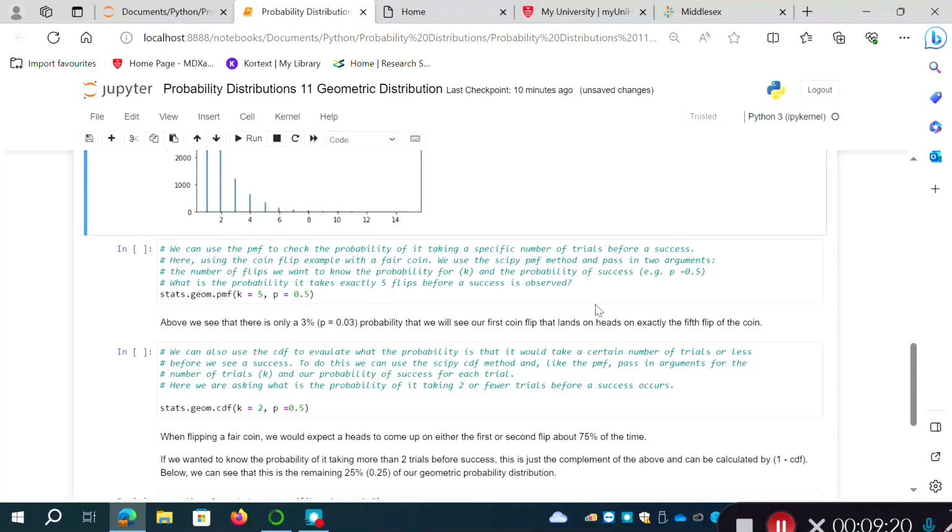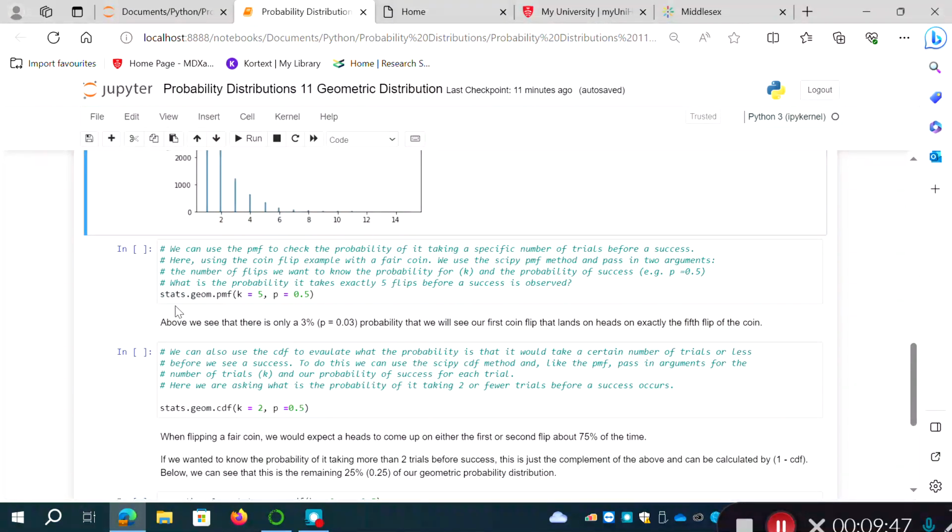And we can use the SciPy PMF method and pass it 2 arguments. The arguments are the number of flips we want to know the probability for, so k, and the probability of success, which with our fair coin, p is 0.5. So what we're asking here is what's the probability of it taking exactly 5 flips before a success is observed. So I'm using stats.geom.pmf.